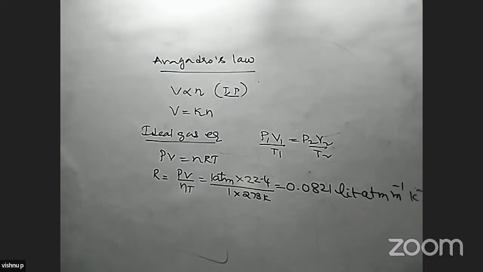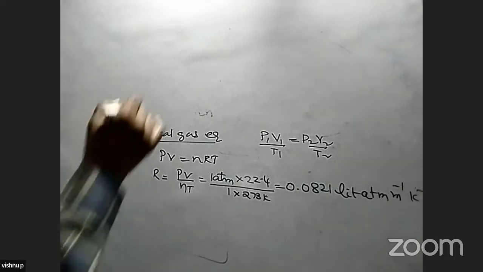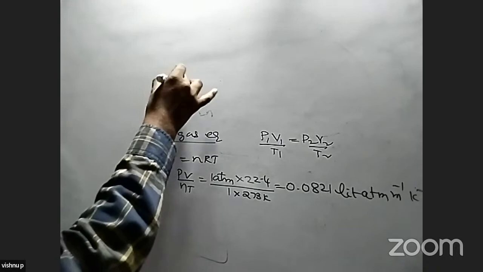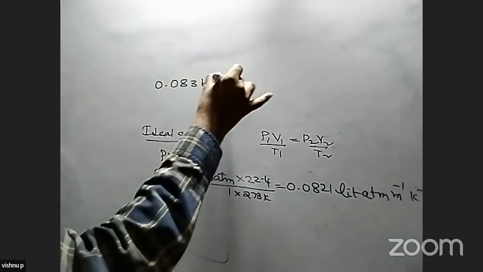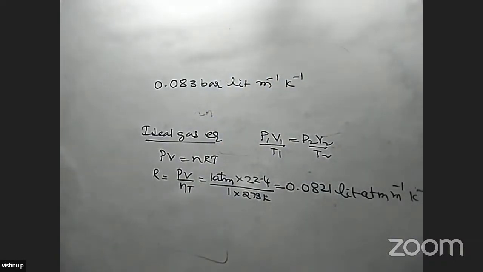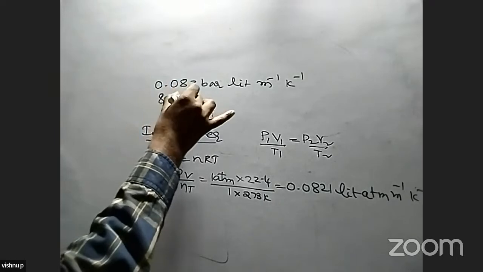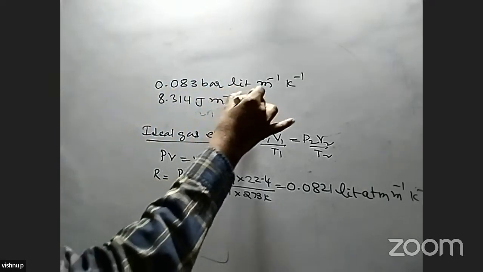So what are the important R values which are used in any competitive exam? One is 0.0821 liter atmosphere per mole per Kelvin, and 0.083 bar liter per mole per Kelvin. One more unit is 8.314 joules per mole per Kelvin.